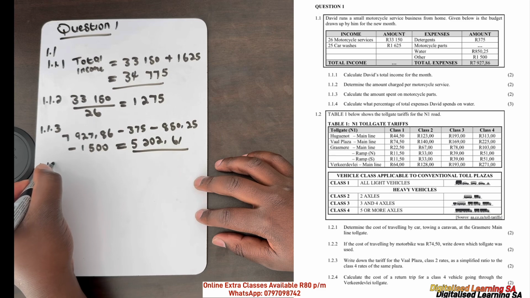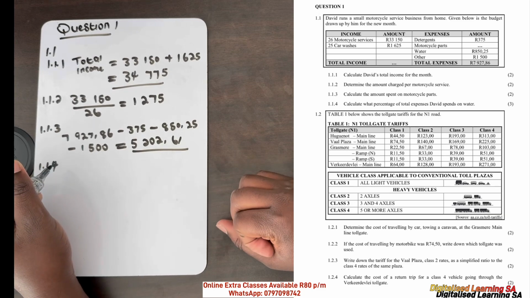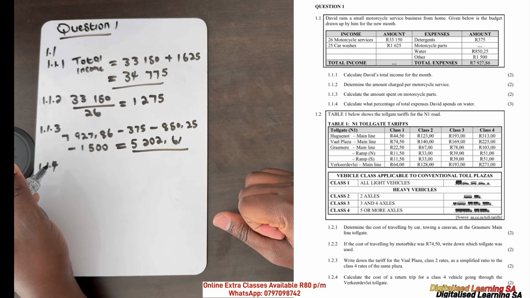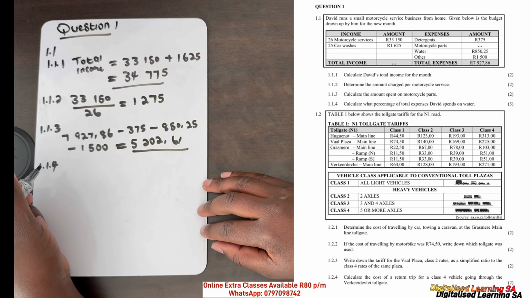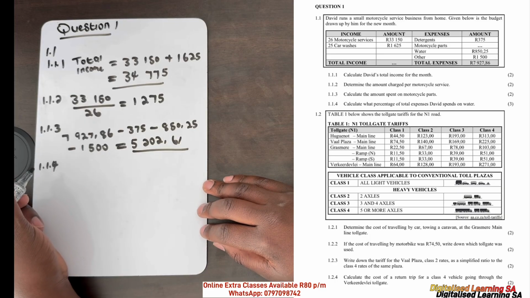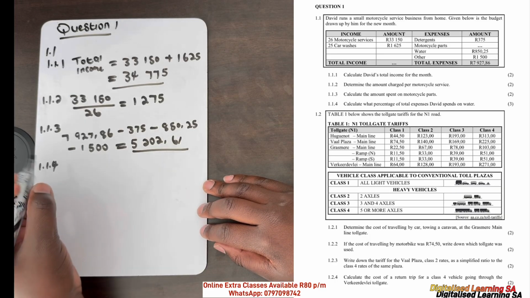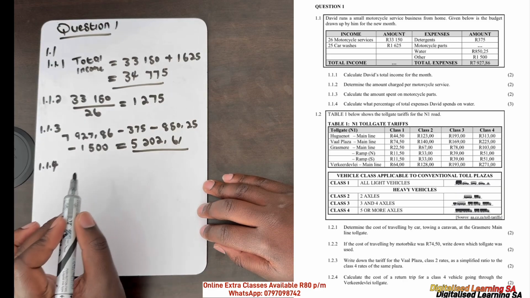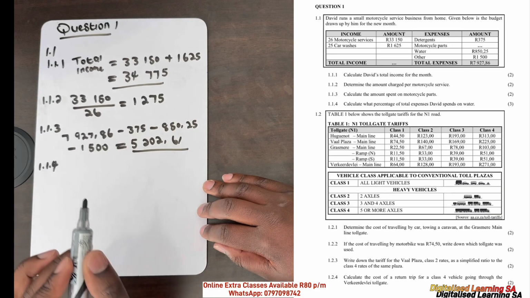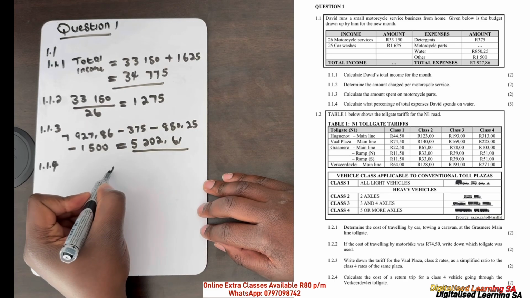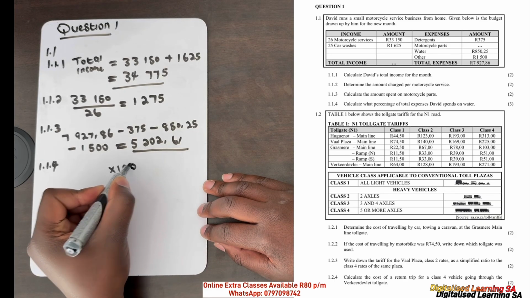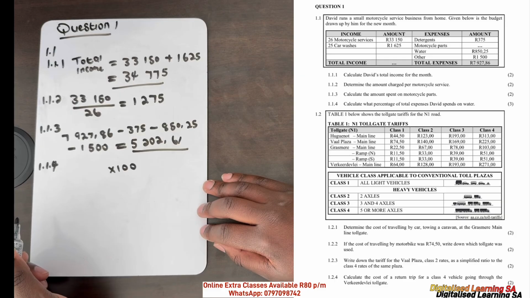Now let's move to question 1.1.4, which says calculate what percentage of total expenses David spends on water. Always remember that if we are calculating a percentage, we need to multiply by 100 so that the answer is in percentage form.